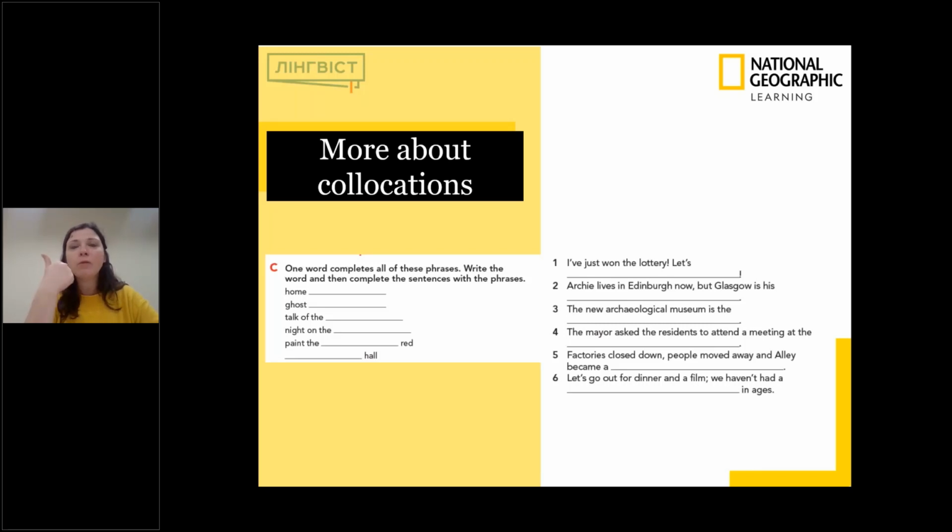We have only one word that fits in each gap on the left in exercise C. And if it's difficult for you to understand what this word is, you can use examples from 1 to 6 on your right, and the context can help you. So I'm waiting for you to give me the correct answer. Only one word fits all the gaps.